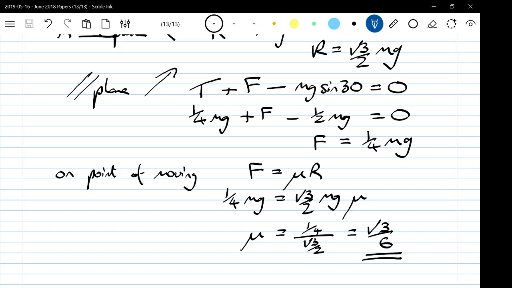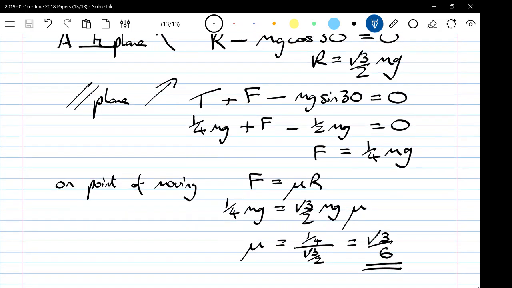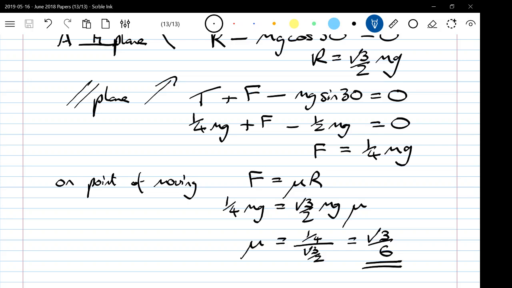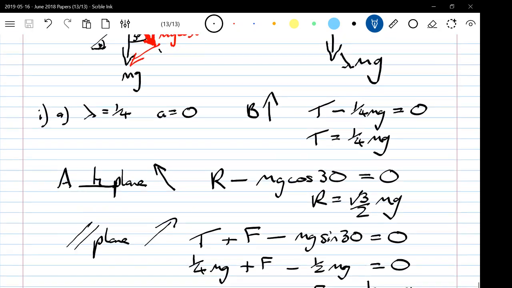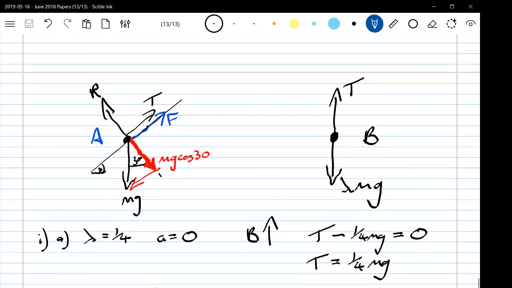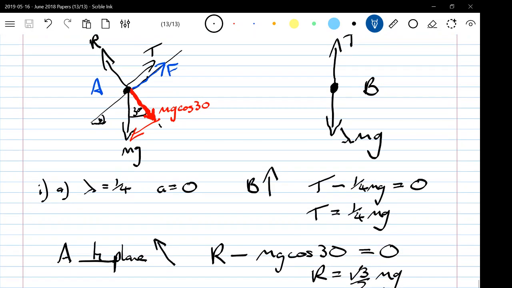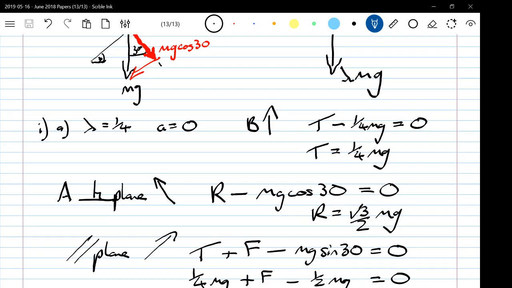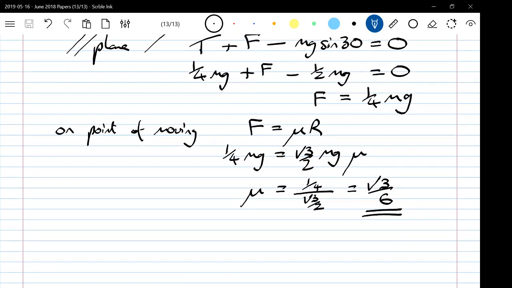Okay, well, if we go back a step, let's think where we've used lambda. So we used lambda in finding out the value of t. T was lambda times mg. So if we think of this for part B, t is lambda times mg.